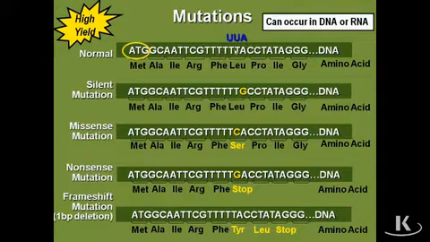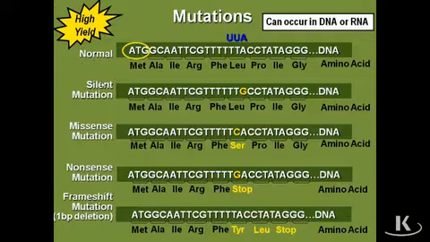Now, we're going to look over here at this leucine codon. If the coding strand of DNA reads TTA, this will correspond to an RNA that at this particular point reads UUA. So for this example, that's our normal codon sequence, UUA.